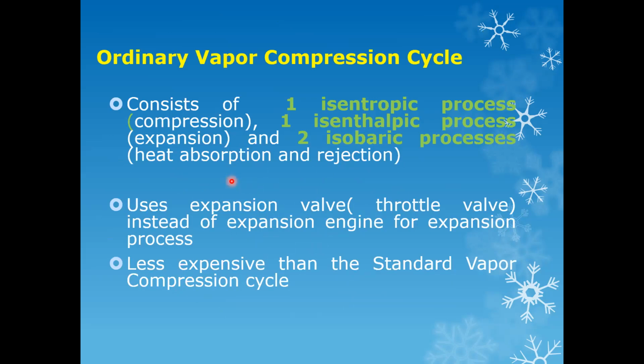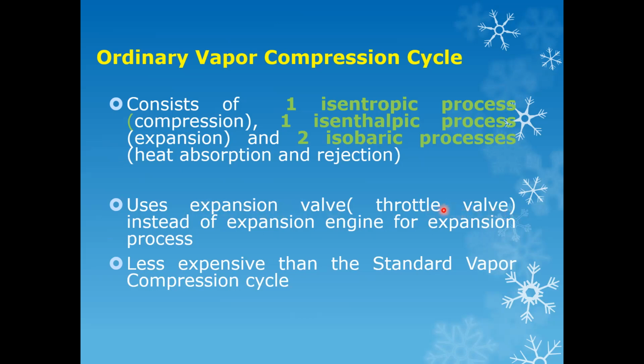What about the other type of vapor compression cycle, the ordinary type? Instead of two isentropic processes, the expansion part is replaced by an isenthalpic process. Earlier there were two isentropic processes, but now the expansion is isenthalpic because we replace the expansion engine with a throttle valve.